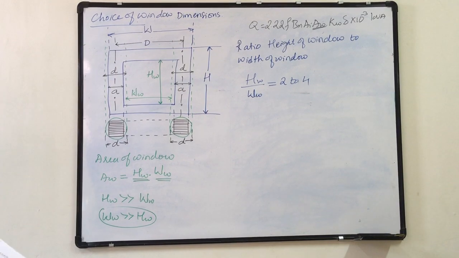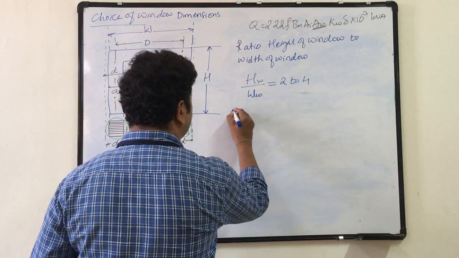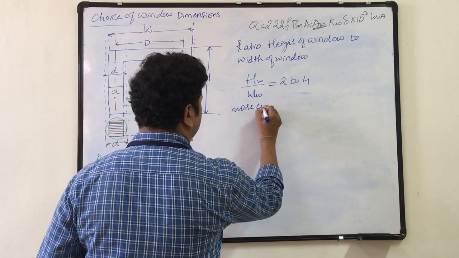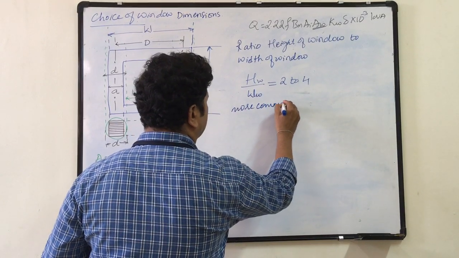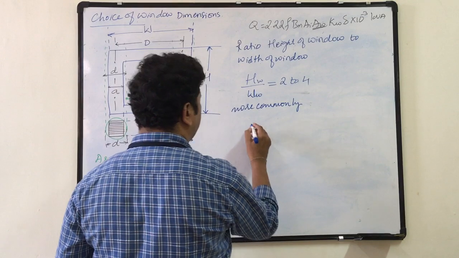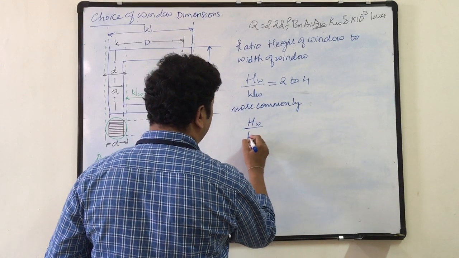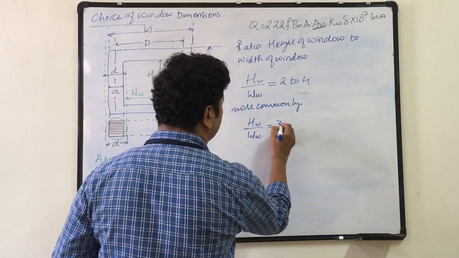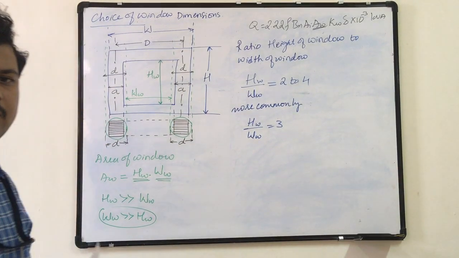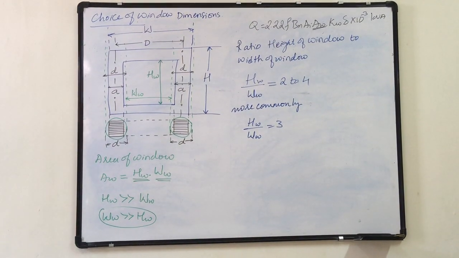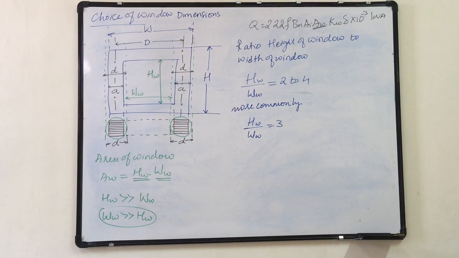Generally we take this ratio as 2 to 4. But more commonly, height of window to width of window is 3. Height of window is 3 times the width of window. So this is the general ratio we commonly consider while designing the transformer.